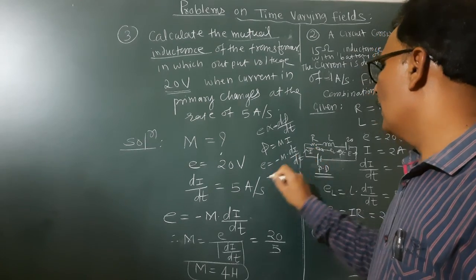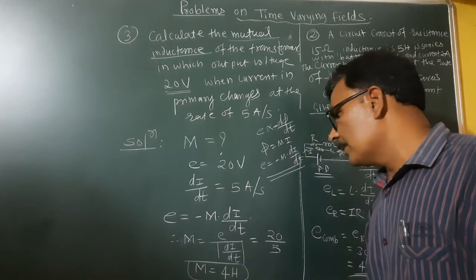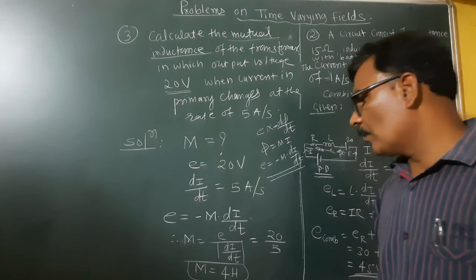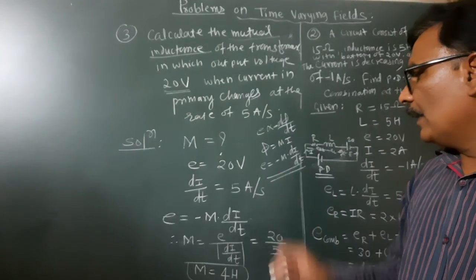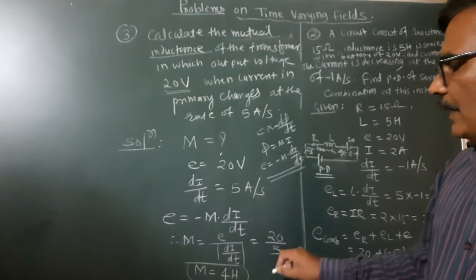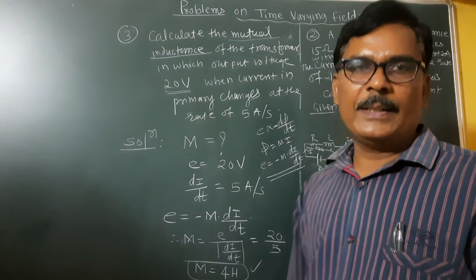Using this formula, we calculate the magnitude of the mutual inductance. M is equal to E upon the magnitude of di by dt, and di by dt is 5 ampere per second. So the answer is 4 millihenry. Write down this.